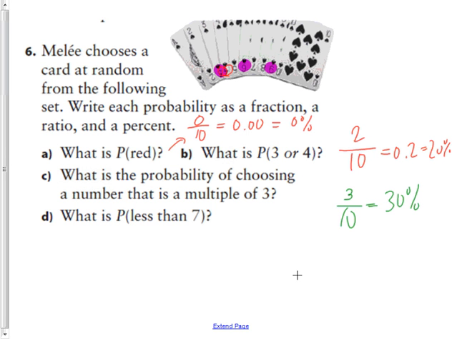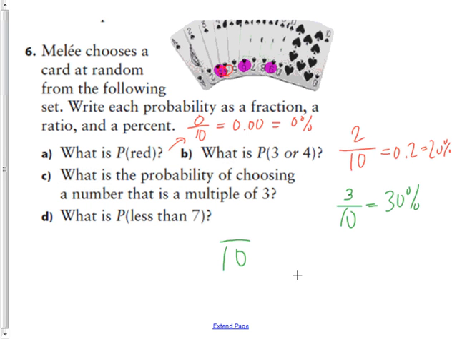And the final one, what is the probability of drawing a card less than 7? Jordan, what do you think? How many cards are there? 10. Okay, so that's going to be our possible outcomes. How many of those 10 cards are less than 7? You have it in front of you.